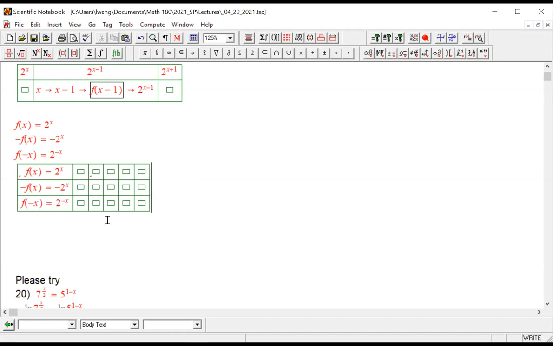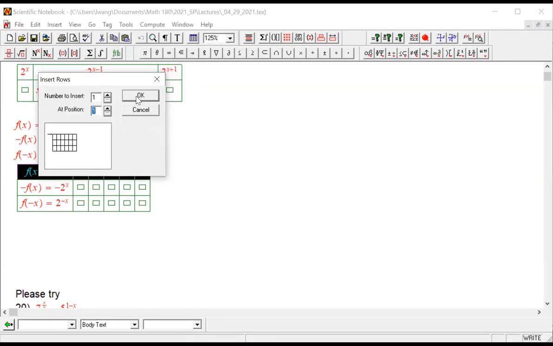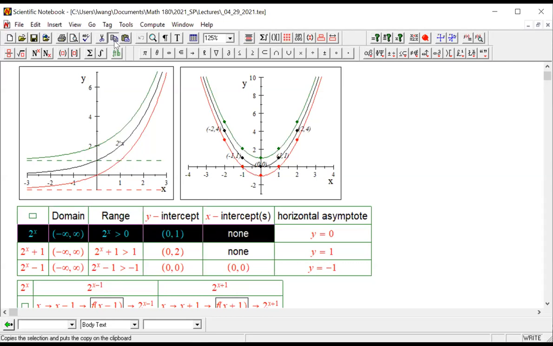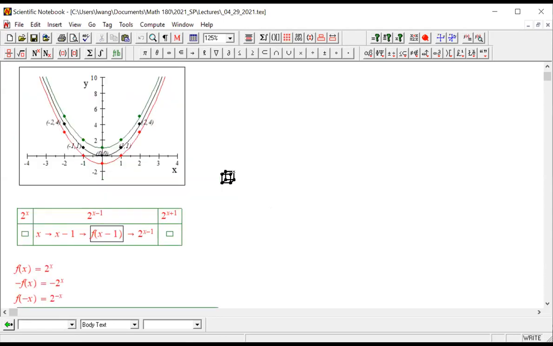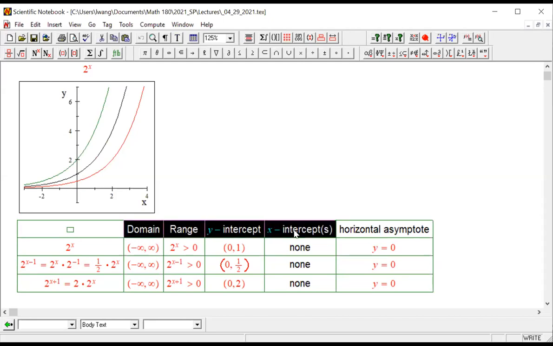Okay, 3 functions. Then of course we're going to work out the domain and range. For 2 to the power x, the domain and range is already filled in. I'm just arranging this table.